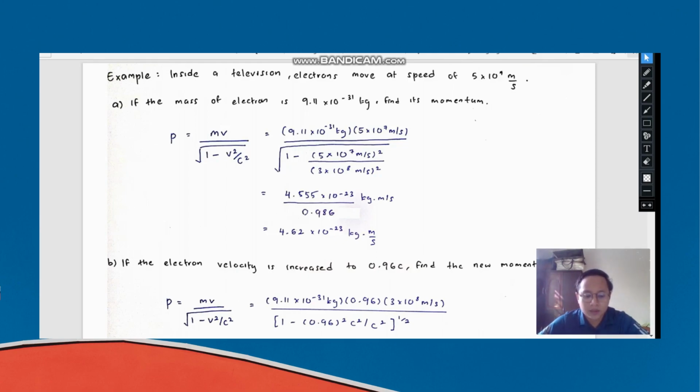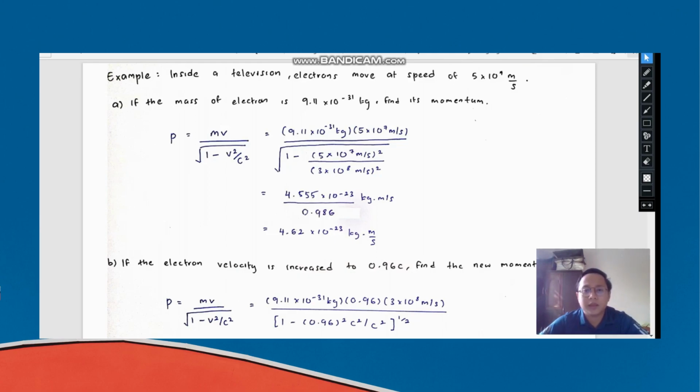So we apply the relativistic momentum equation: P equals mv divided by the square root of 1 minus v squared over c squared.